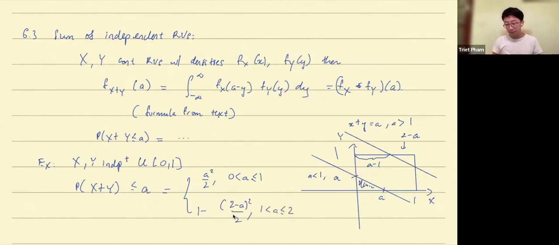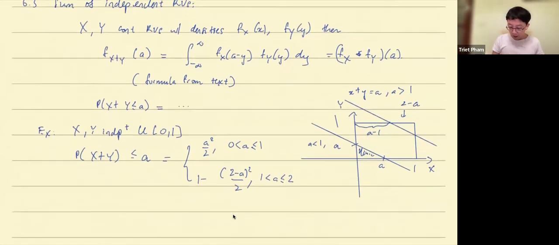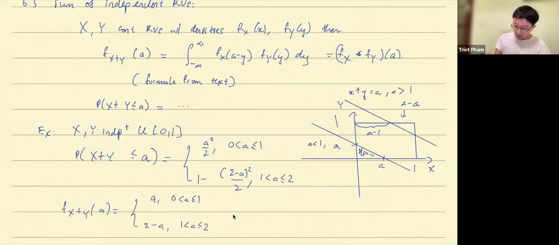And then the density is a and 2 minus a. Okay.